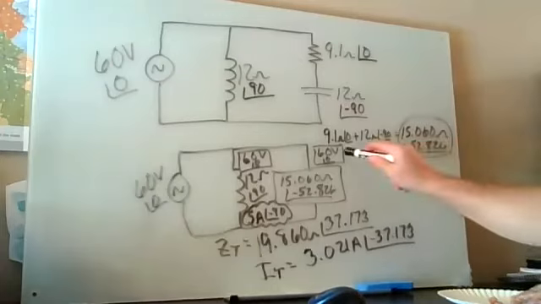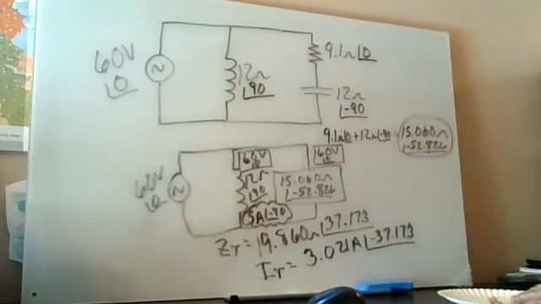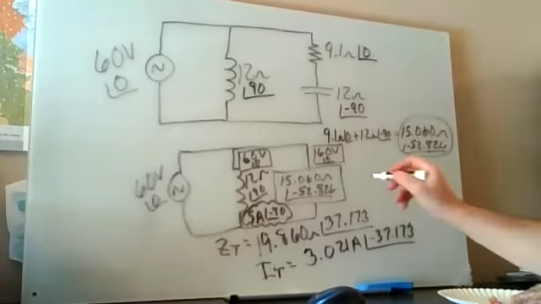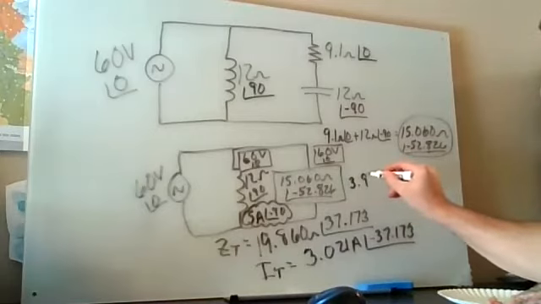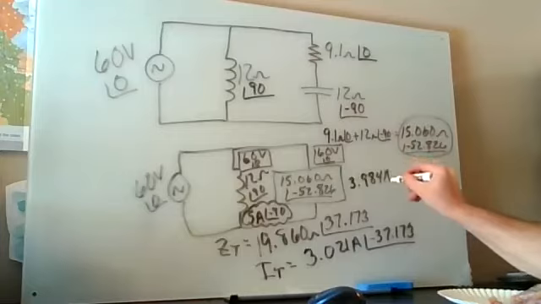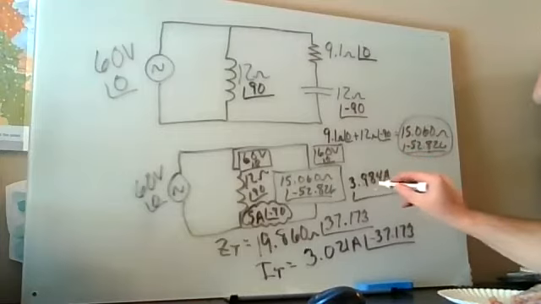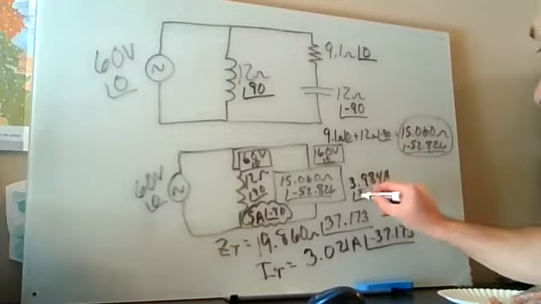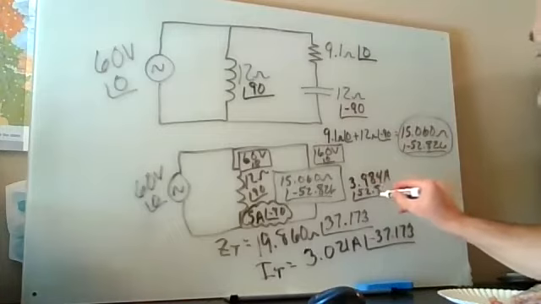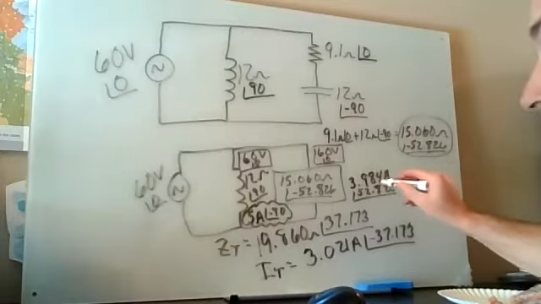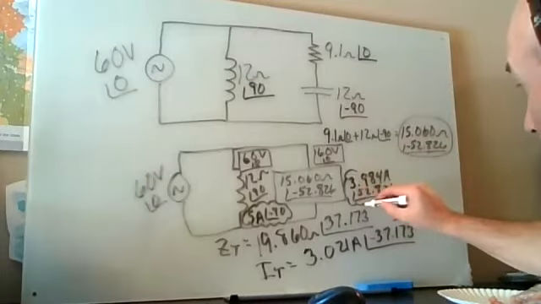And same thing here, 60 divided by this, you should get 3.984 amps at an angle of 52.826. That's my current here.